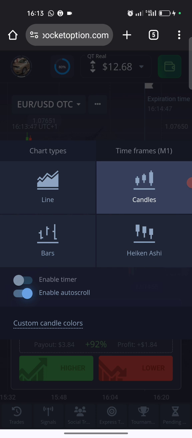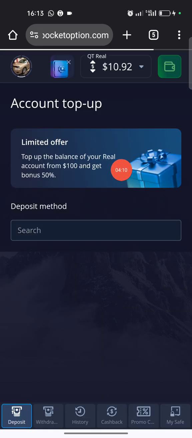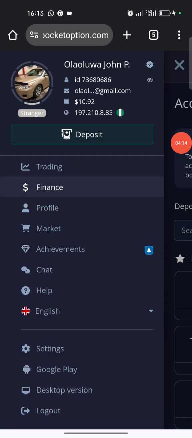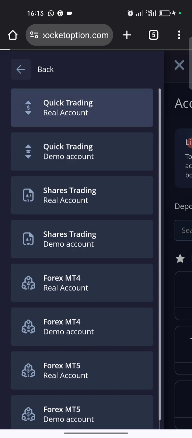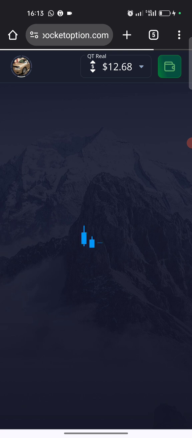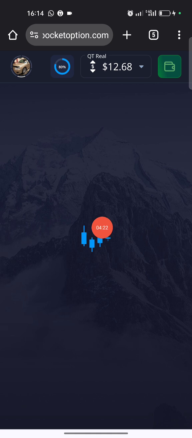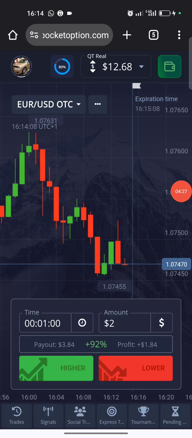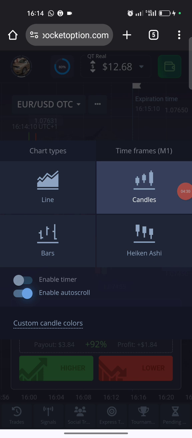We have seen the chart types first, so let's move to the time frame to see what's going on there. I think I mistakenly pressed something, so let me just go back. It's loading, so let's quickly wait for it. So back to it. This is where the time frame is.